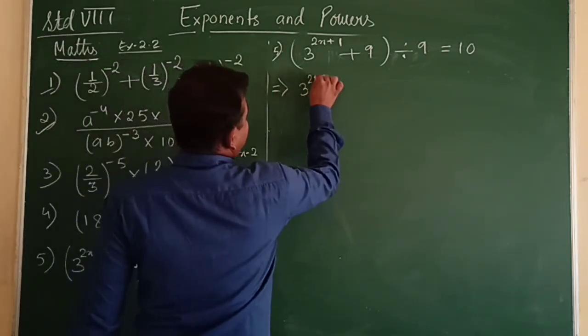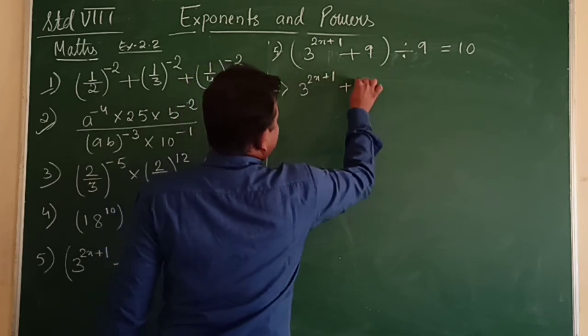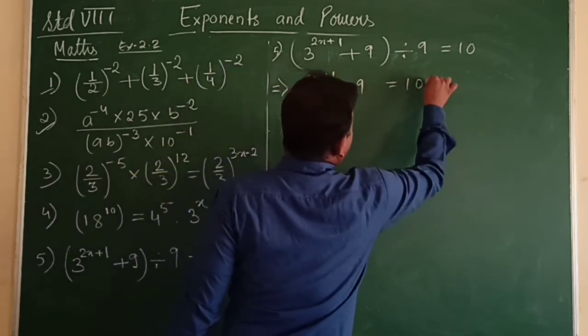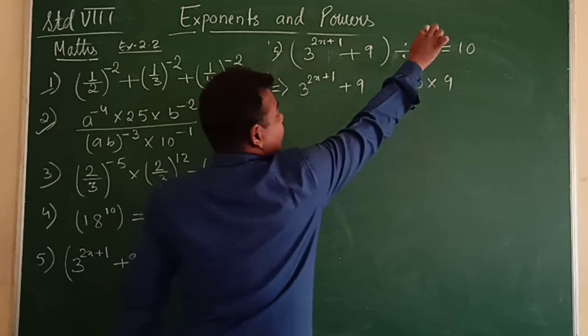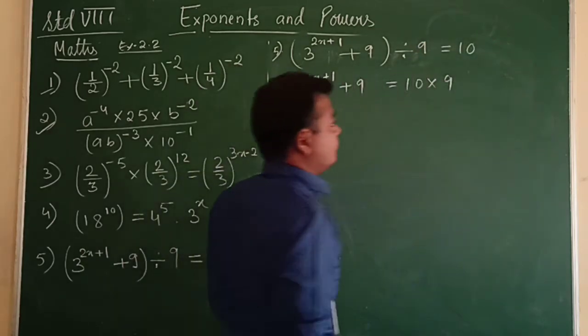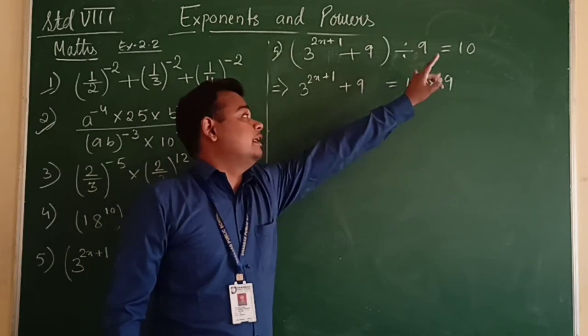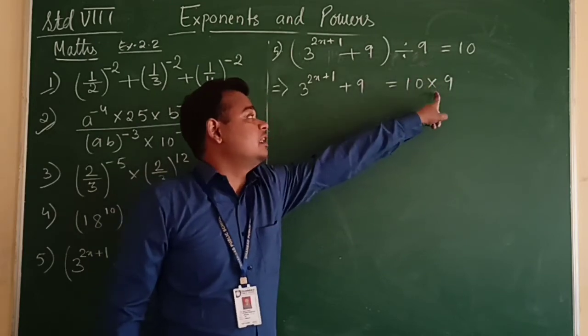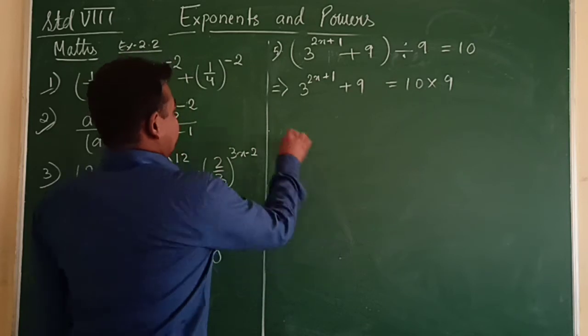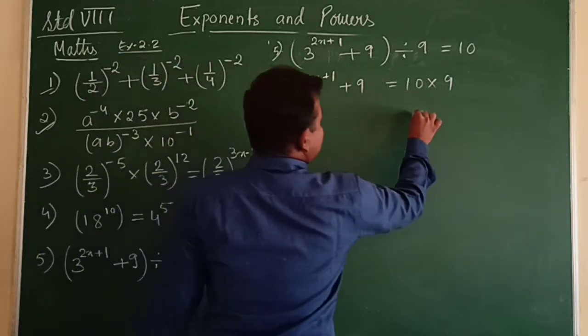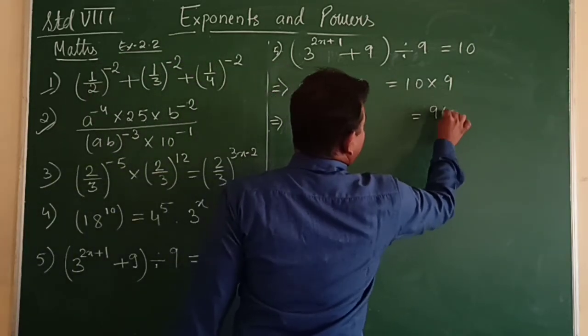So 3 to the power 2x plus 1 plus 9 will be 10 multiplied by 9. This 9 has been shifted to this side. Now 10 multiplied by 9 is equal to 90.